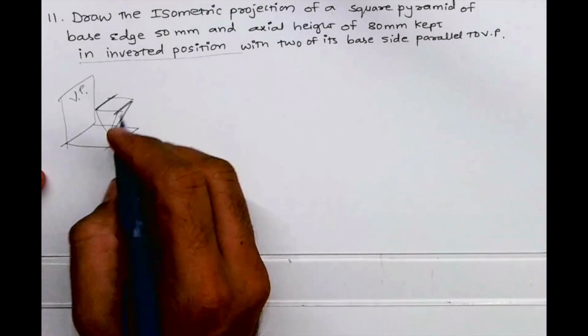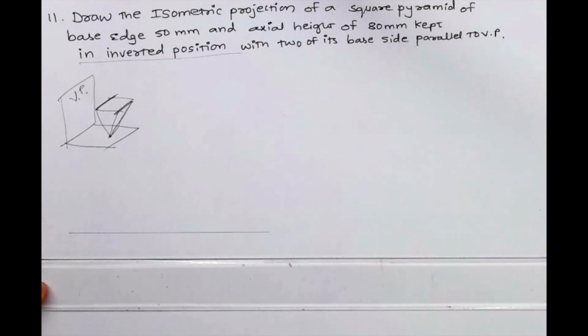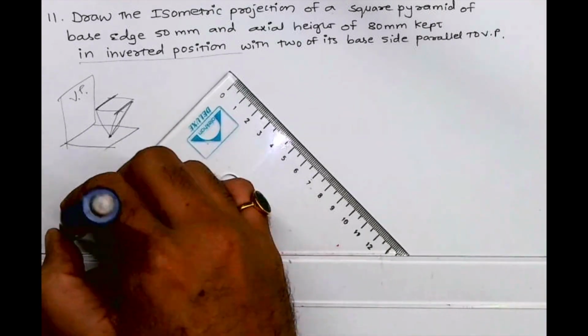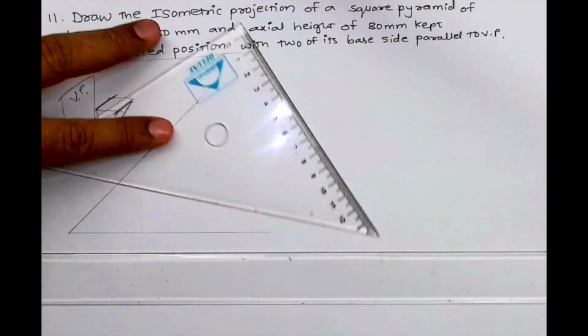So first we will draw the scale. Since we have to do it by isometric projection, we will draw 45 degree and 30 degree and we'll mark distance 80 and complete the scale.